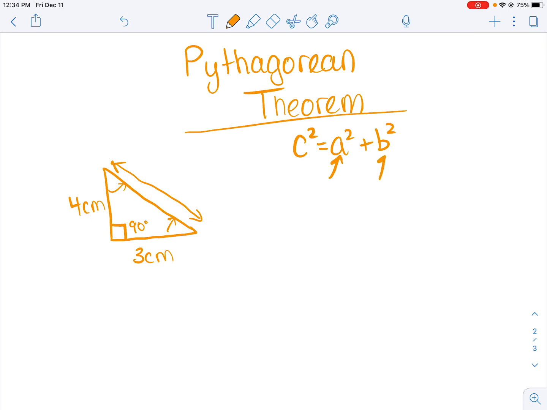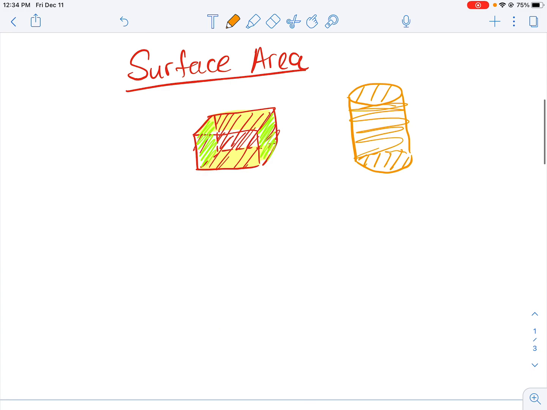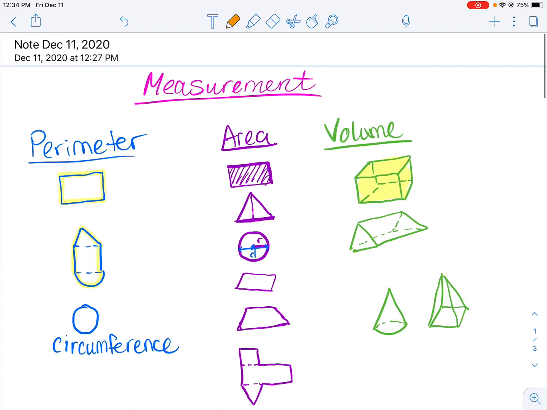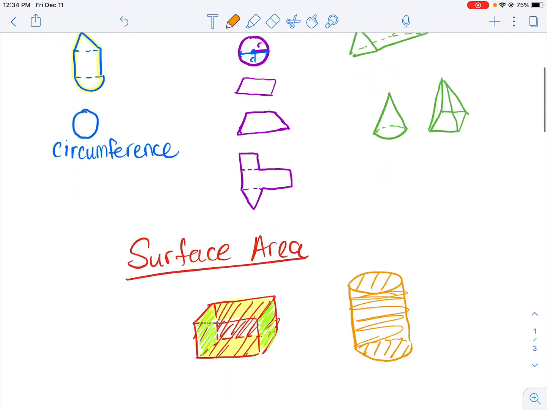A and B are these 2 sides of the triangle, and side C is known as the hypotenuse, which is the side across from the 90-degree angle. So we're going to do some specific learning on each of these topics, but for now, this is just a total overview of measurement. So I'm going to leave you with one question.